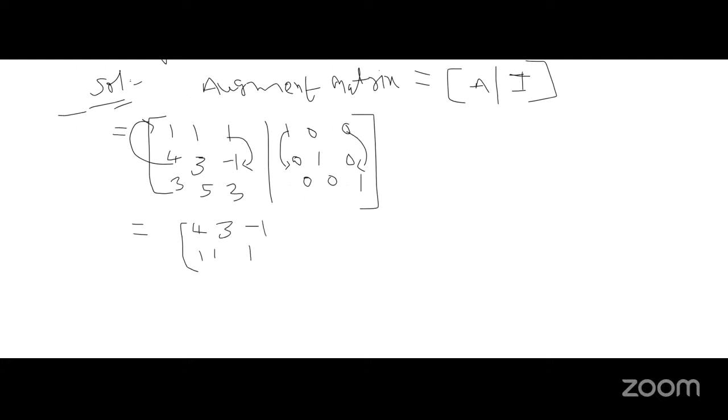And down it is as it is, 3, 5, 3. That is 0, 1, 0, 1, 0, 0, 0, 0, 1. Okay.